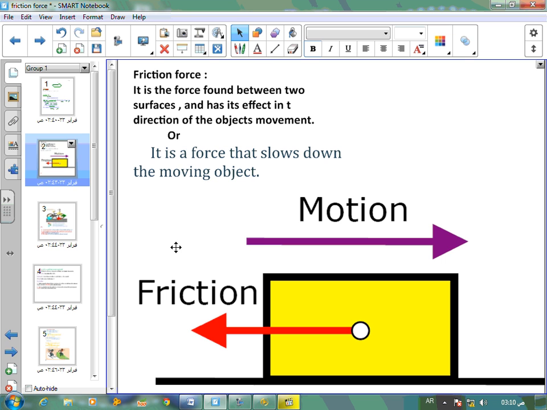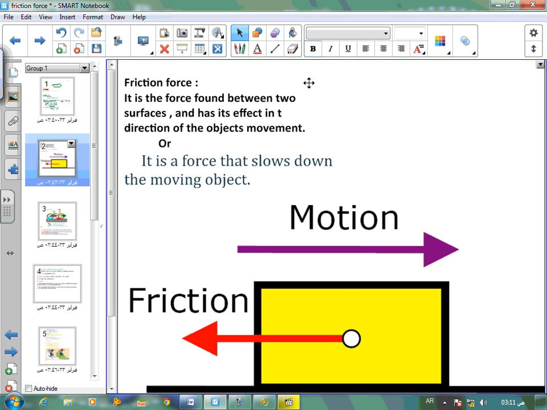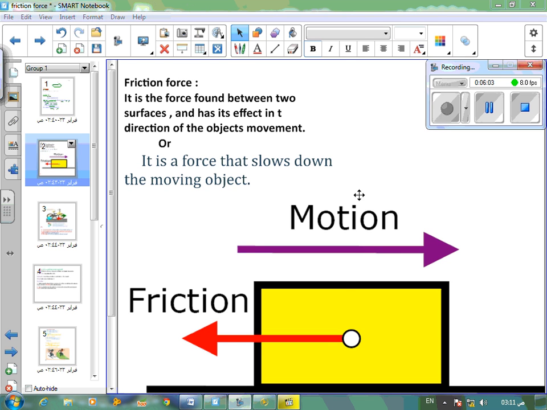Now we will make another activity. Try to roll a ball on a rough surface like garden, and try to roll this ball on a smooth surface like ceramic.